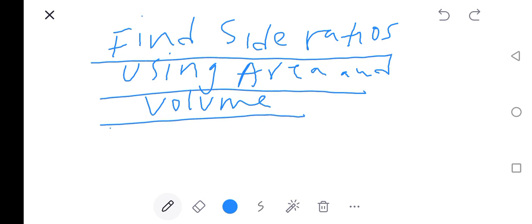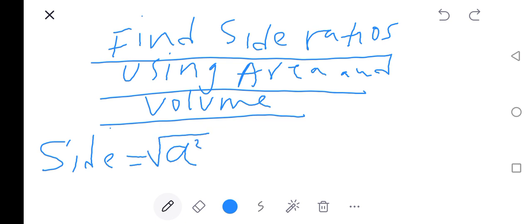So how do you find side ratios using area and volume? If it's area, you say A squared, you square root, and you also square root the B.